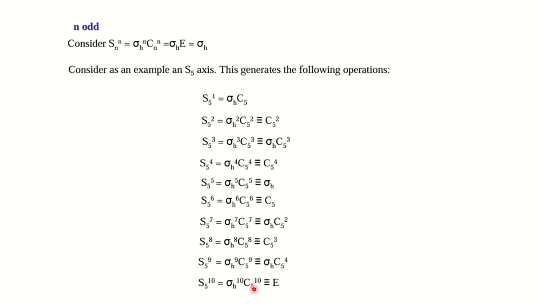S5^10 you can write sigma h^10 and C5^10, and both are even, so sigma h^10 is identity, and C5^5 into C5^5 is again identity, so you end up with identity. So you can notice these are all the symmetry operations present in the S5 axis. We can say in S5 you have S5^1, S5^3, S5^7 and S5^9 in the point group. The other operations are already present in it.